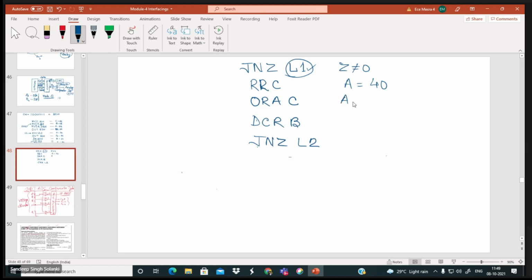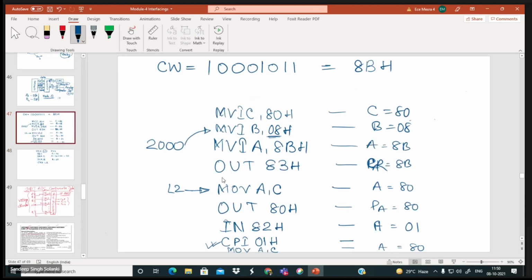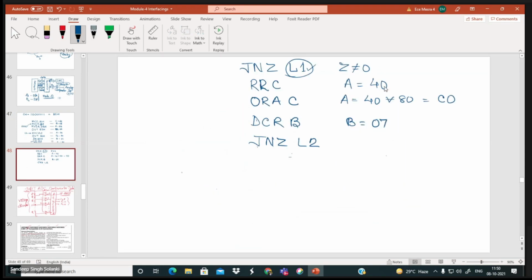Now the accumulator again will be having what? 40 ORed with 80, so it becomes C0. Yes, sir. Now decrement B, so B will become 07. Jump if not zero, it will go to L2. Means here, when you are coming here, what is the content of your C? What is the content of your C here?